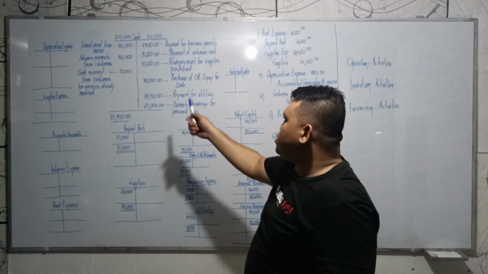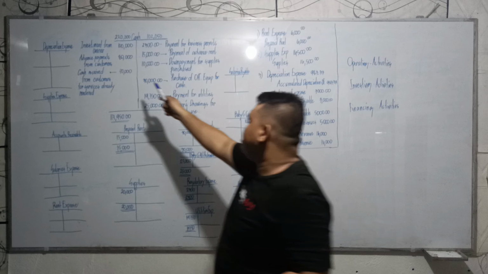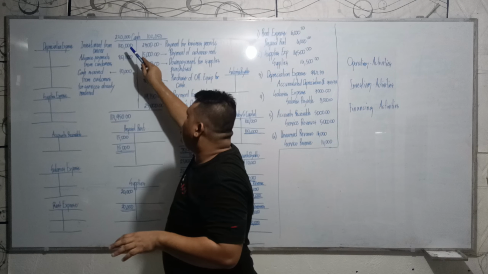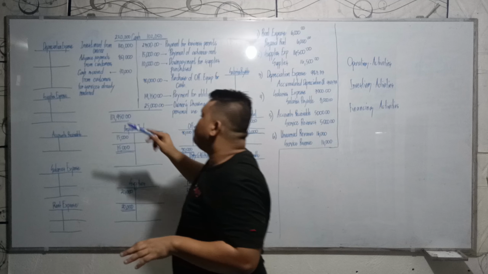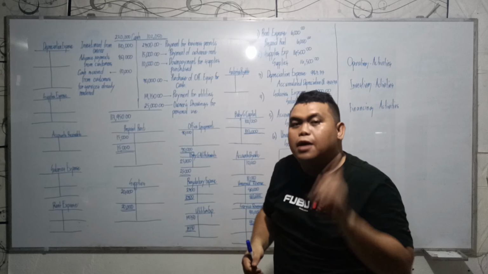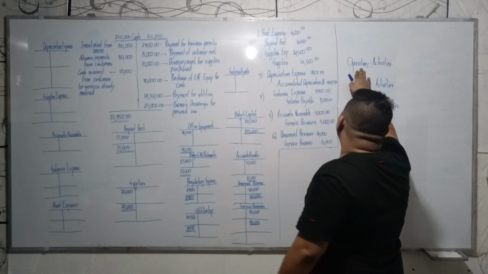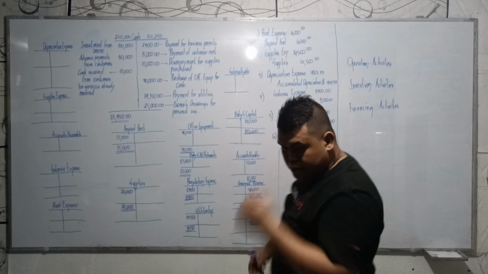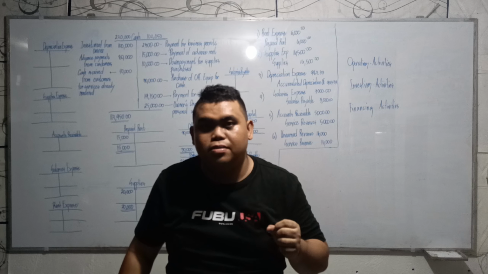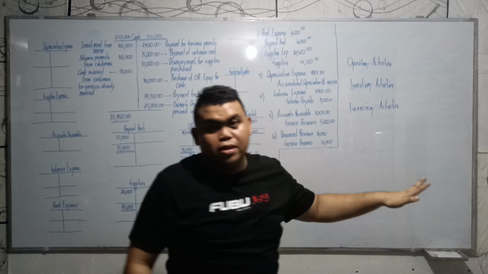So based on that, you'll have details already. There are explanations as to why there is a debit 100, debit 80, debit 40,000, and we have credits here or cash outflows. But it is not yet segregated into operating, investing, and financing. So let's segregate it, okay?